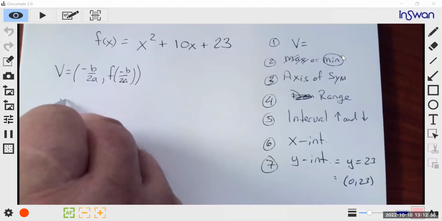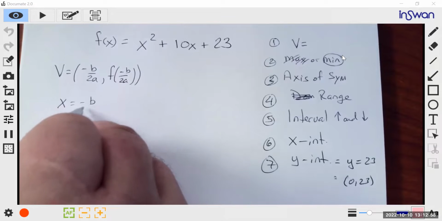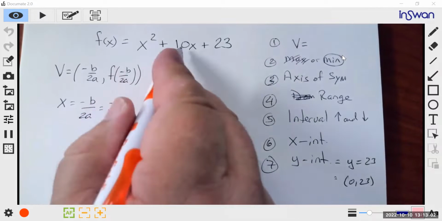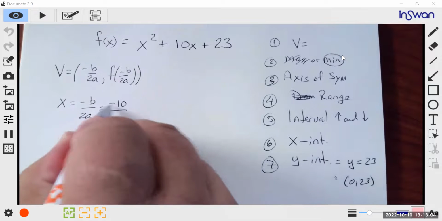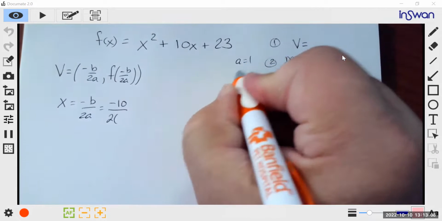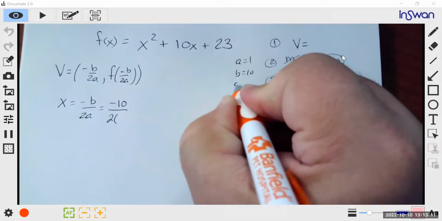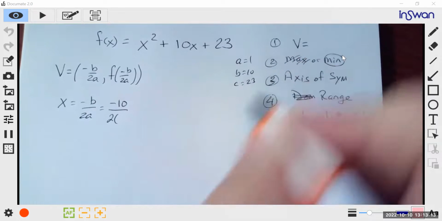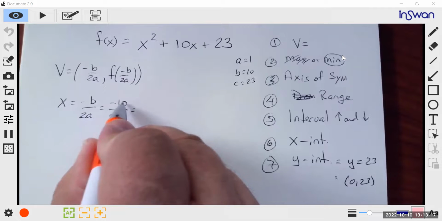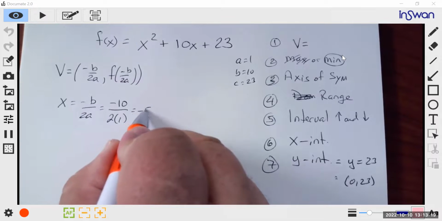Yeah, so the x value is negative b over 2a. Let's label these. a is 1, b is 10, c is 23. So negative 10 over 2 is negative 5.